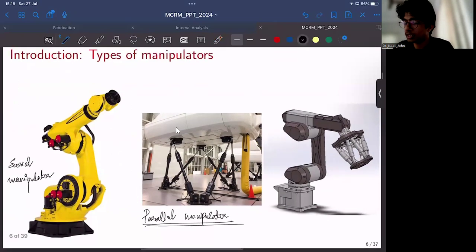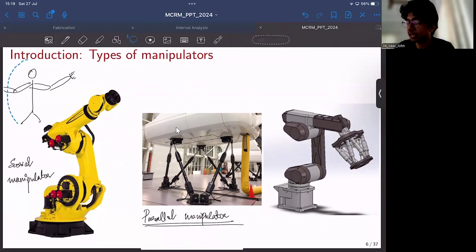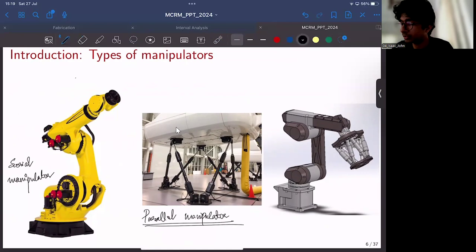For example, if you consider a person, forgive my crude representation of a person. If you consider each of the person's hands as a serial manipulator, each hand can describe or reach a certain volume of the workspace. I'll try to give a better description of that.